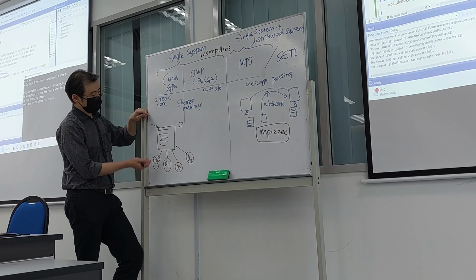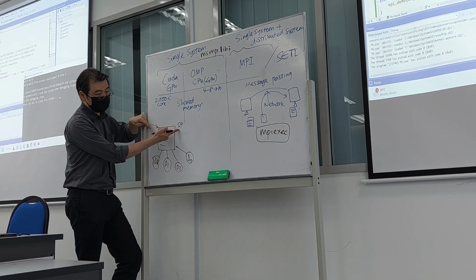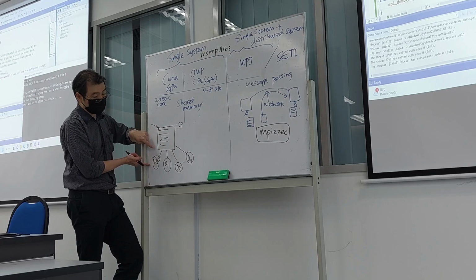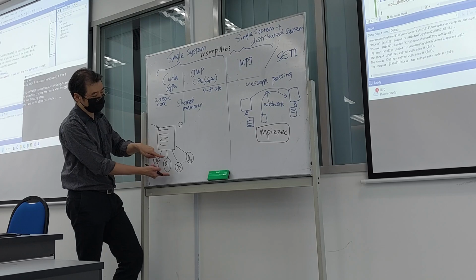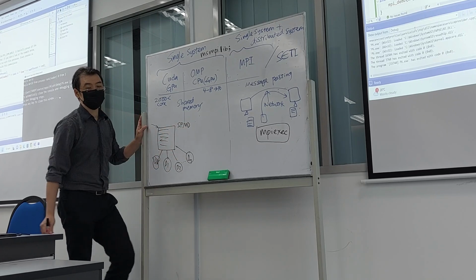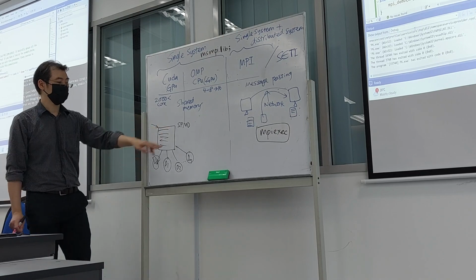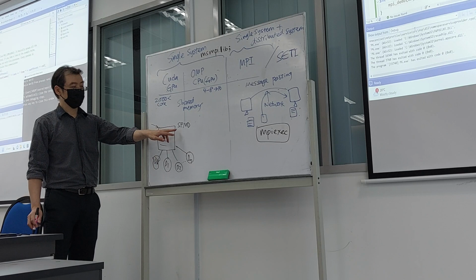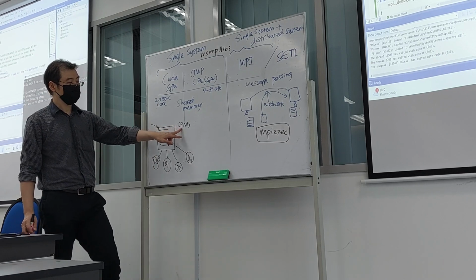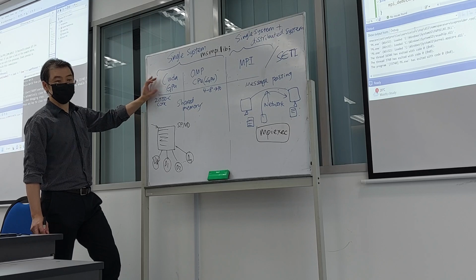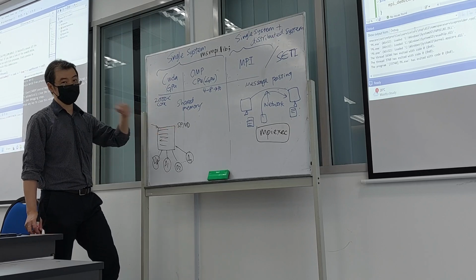Multiple threads running the same program, but each thread is going to work on different data. So single program, multiple data. I'm going to touch on this in one of the lectures. The way CUDA works is like this: single program, multiple data.